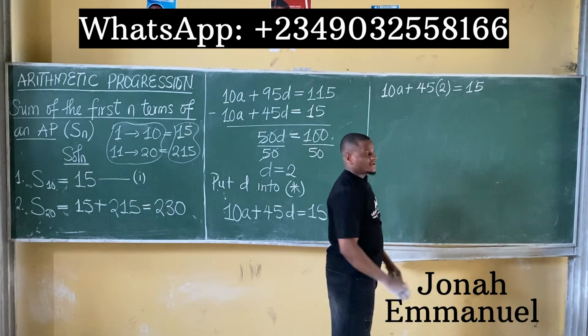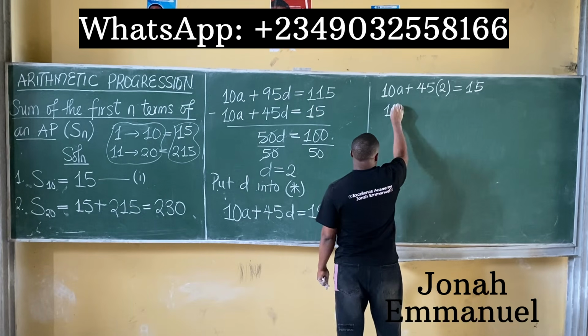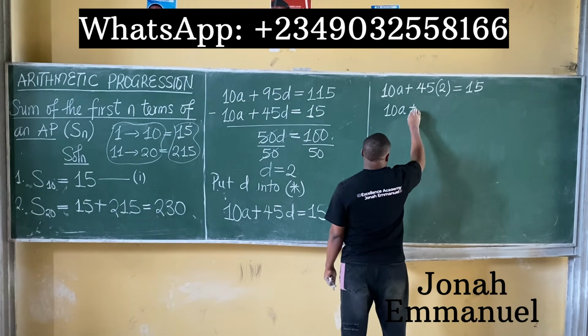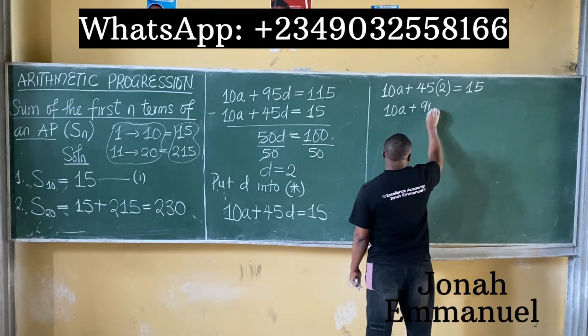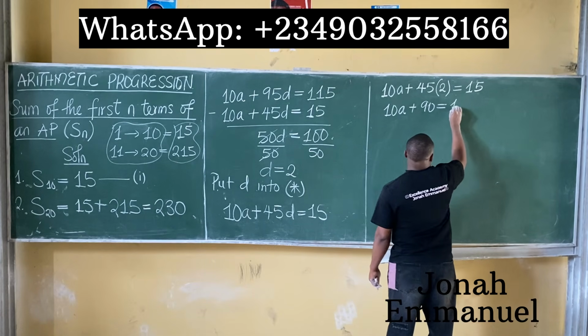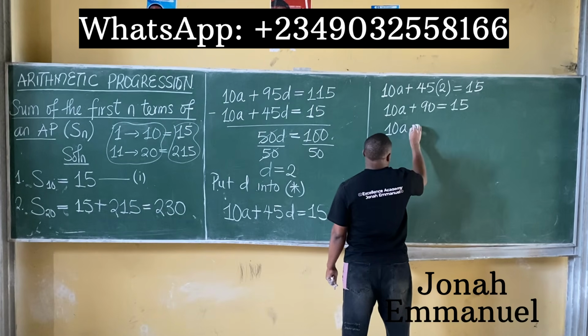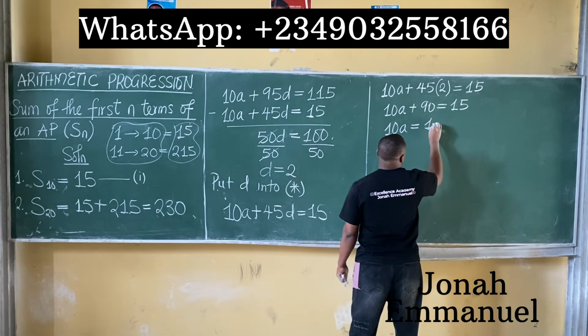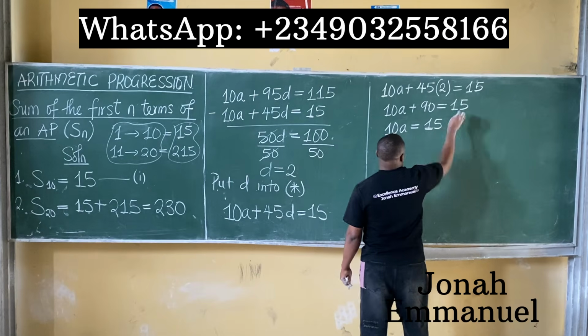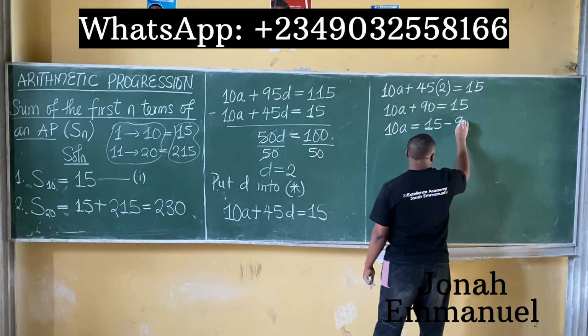All right, let's solve this. This becomes 10a plus 45 times 2 is 90, is equal to 15. So we have 10a is equal to 15. Bring 90 over here, becomes minus 90.